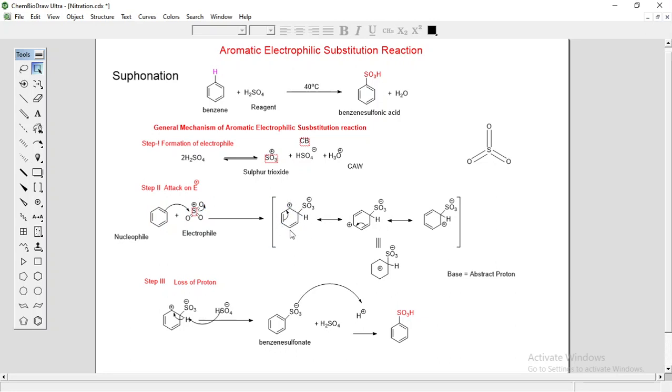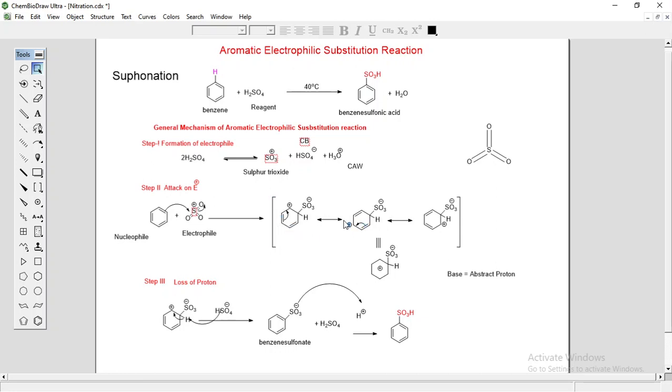The name of this intermediate is arenium ion intermediate, and it is also called Wheland intermediate. It is a positively charged species, also called a carbocation, the carbon having the positive charge. So this carbon is electron deficient. To minimize the electron deficiency of this carbon, this double bond will delocalize here, and the positive charge shifts to this carbon.